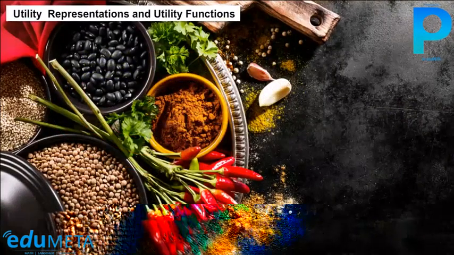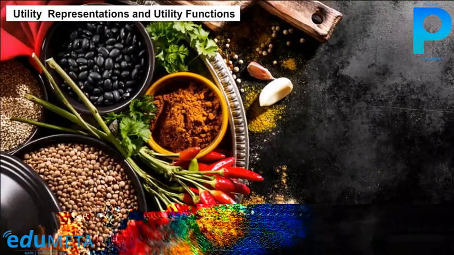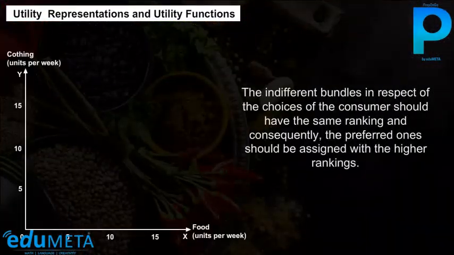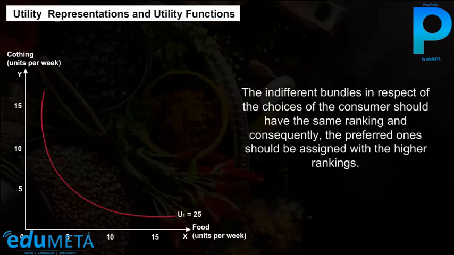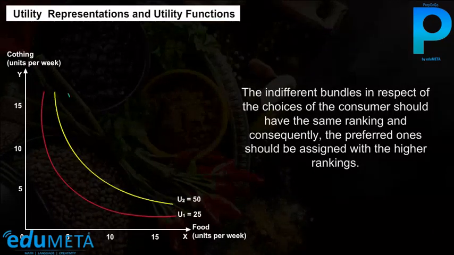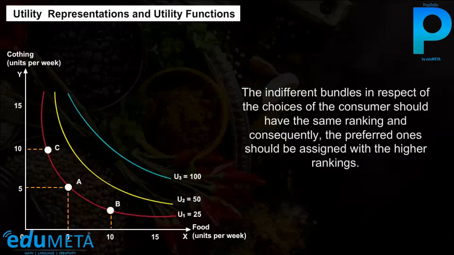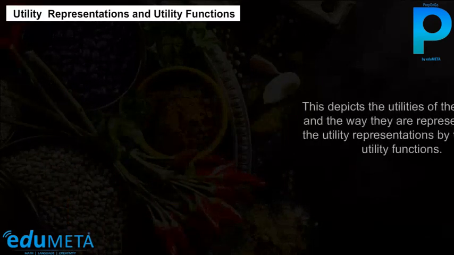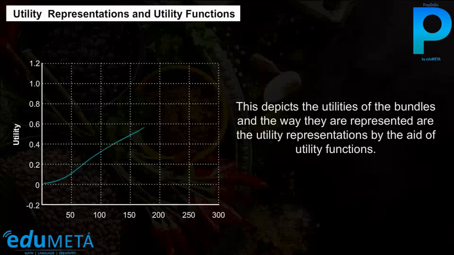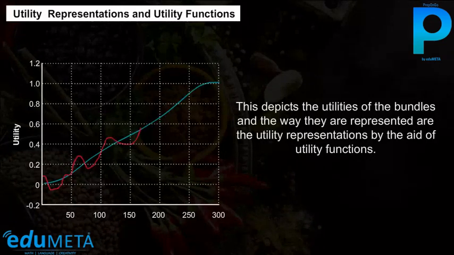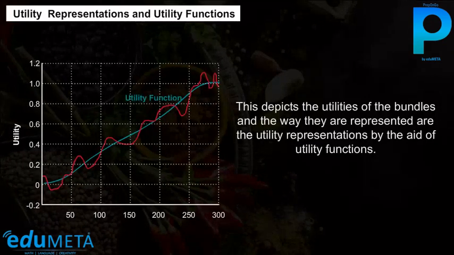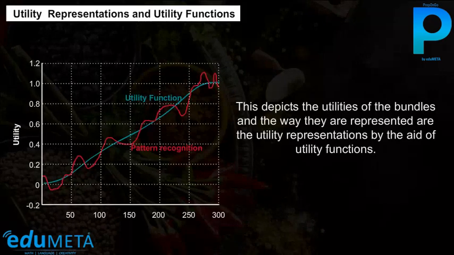Utility representations and utility functions. Bundles that are indifferent with respect to the consumer's choices should have the same ranking, and consequently, the preferred ones should be assigned higher rankings. This depicts the utilities of the bundles, and the way they are represented is the utility representation, with the aid of utility functions.